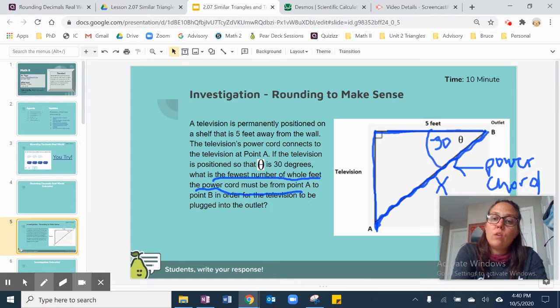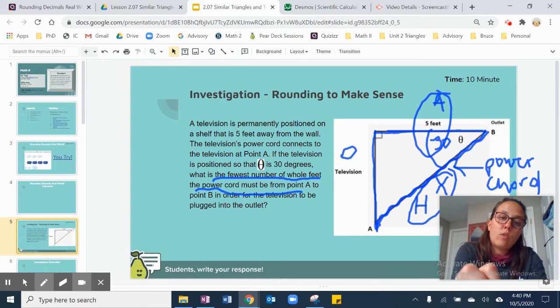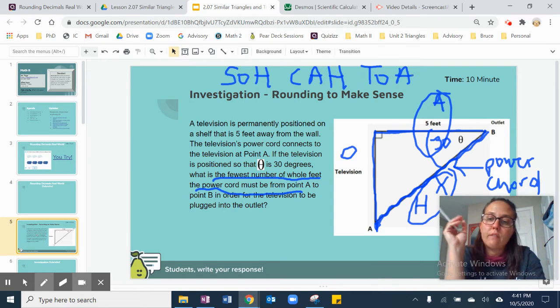We're going to use angle theta, which is 30 degrees, and we're going to now label the sides of our triangle. The television would be opposite, 5 feet would be adjacent, and then the hypotenuse is going to be x. So we have H and A, and according to SOHCAHTOA, this means that we are going to be using which trig function?